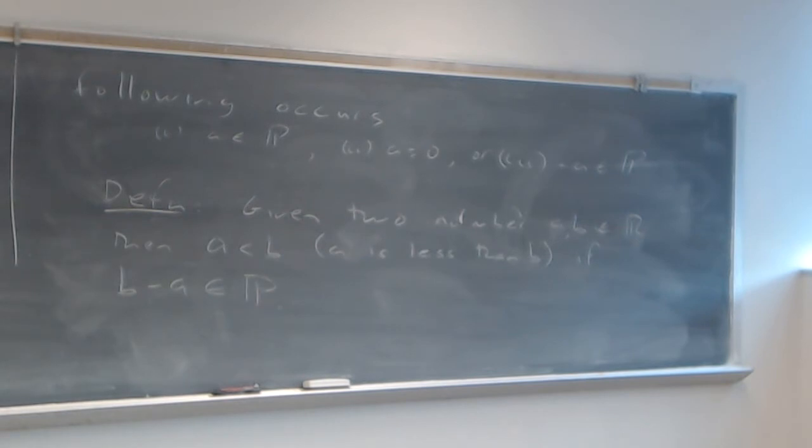So what does it mean for one number to be bigger than another? If you take the smaller from the bigger, you're positive. So what was the definition actually defining? Less than.